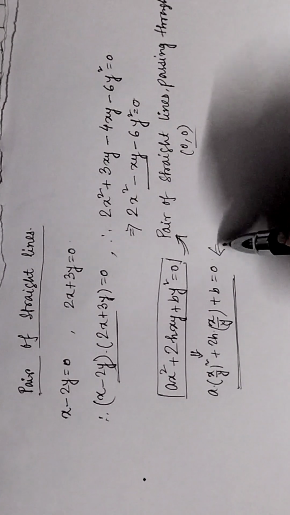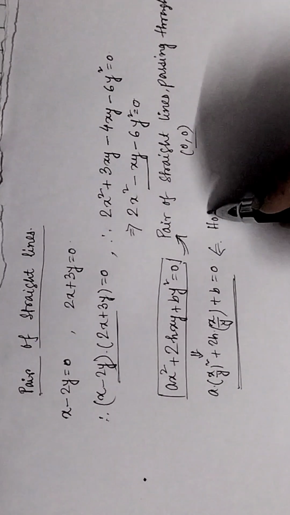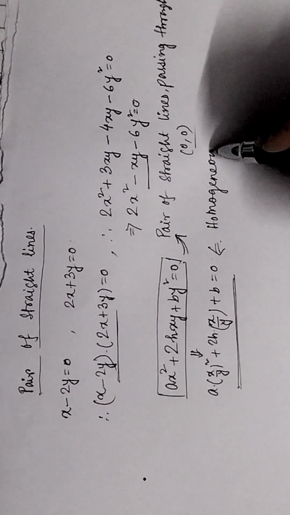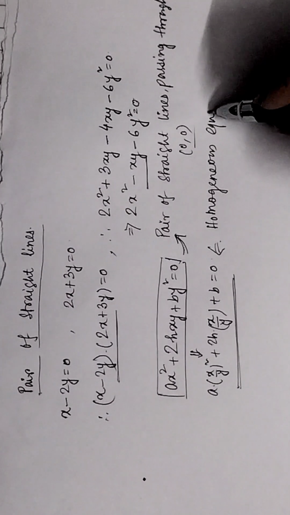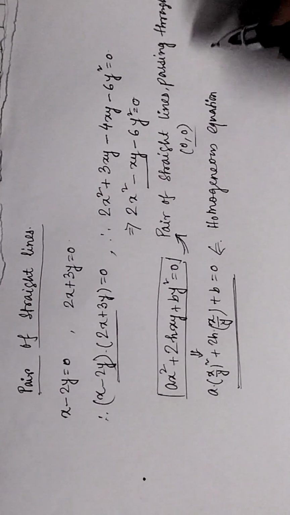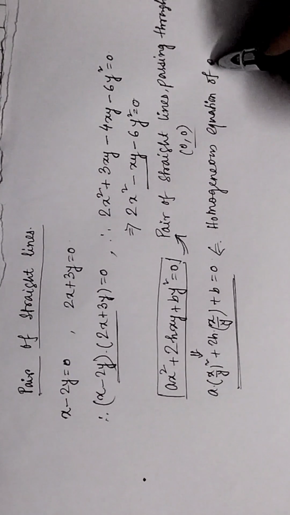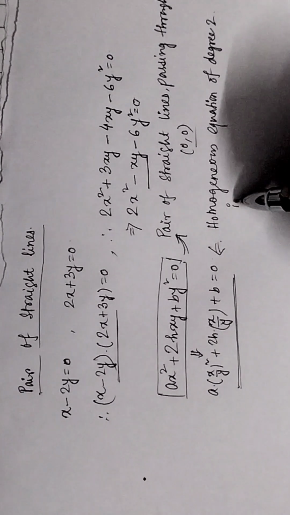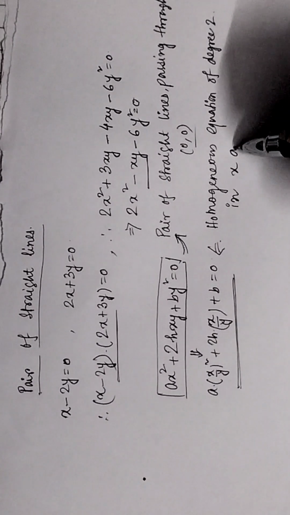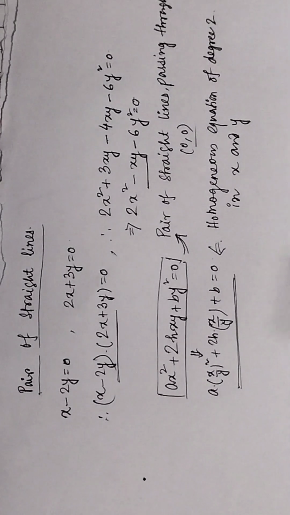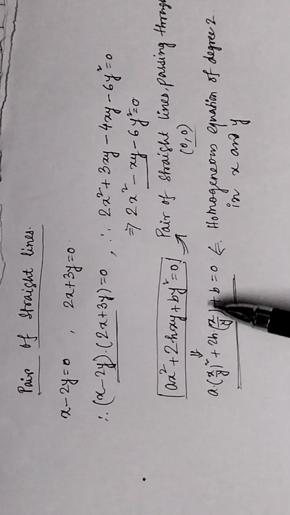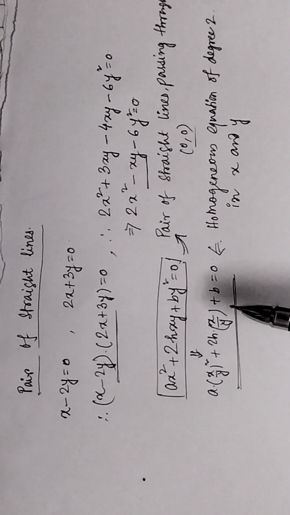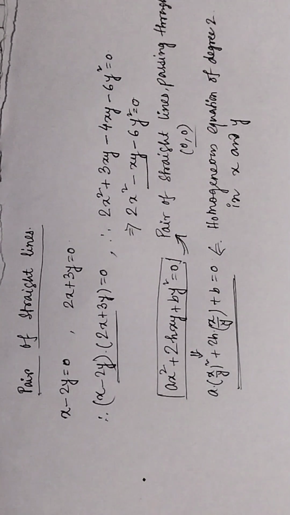So it implies a homogeneous equation of degree 2 in x and y. Okay, so this is the standard formation of the pair of equations where both the equations are passing through the origin.